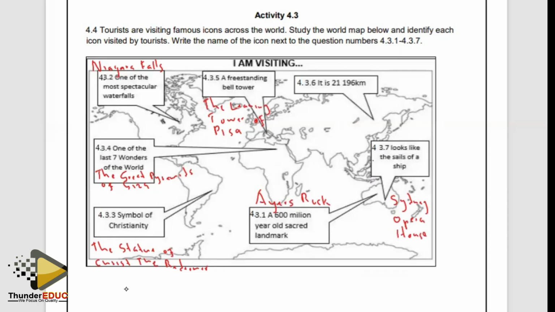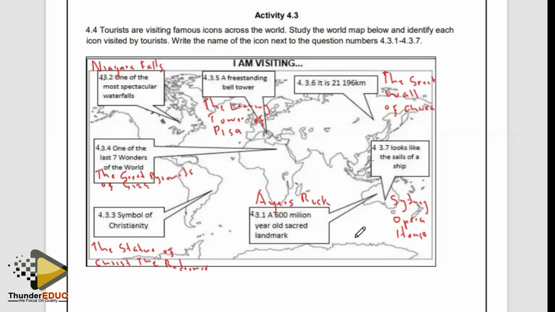Then this one, it is 21,196 kilometers. That is the Great Wall of China. So those are the different icons which are in various locations in the world.